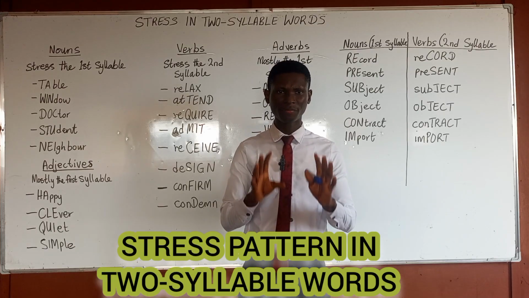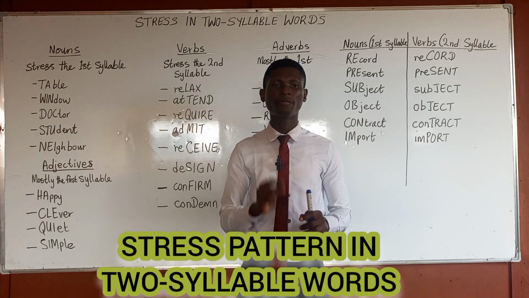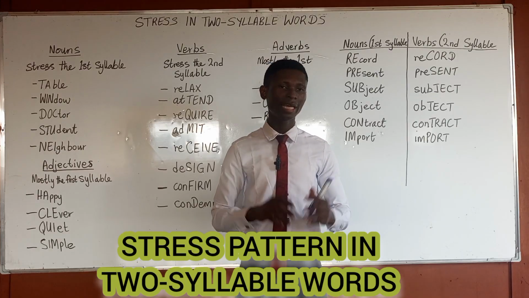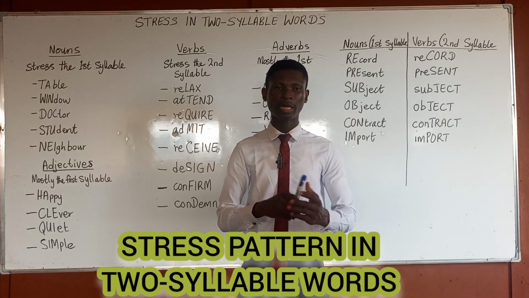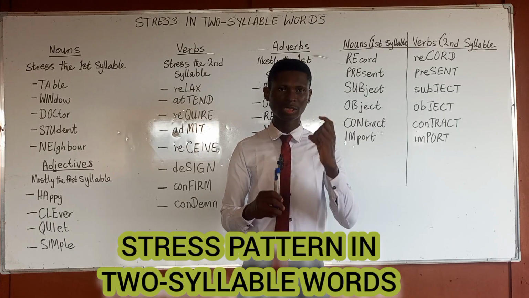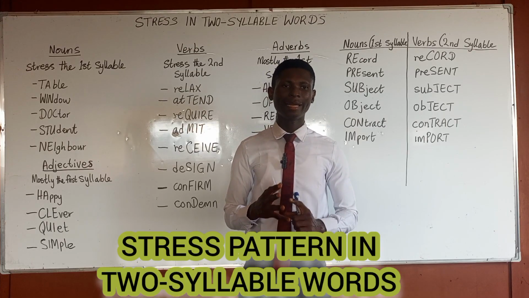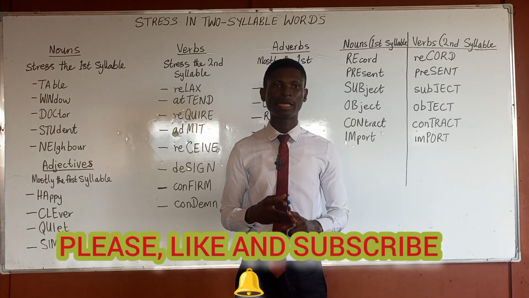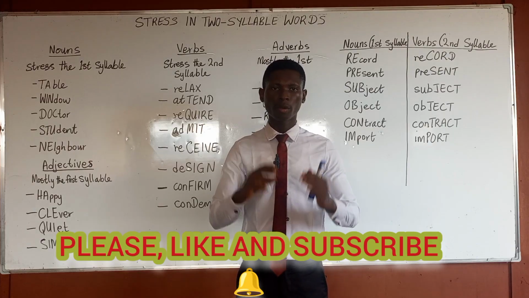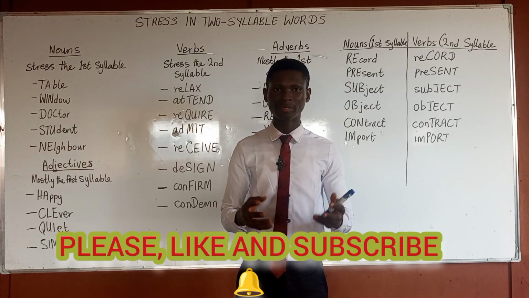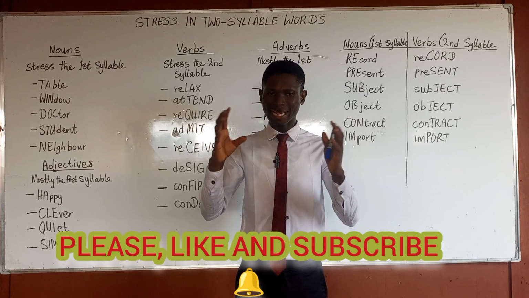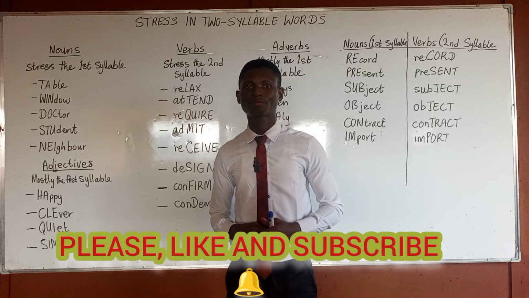So I want to specifically look into the four content words we have in English language. That is four parts of speech, which are nouns, verbs, adjectives, and adverbs. So let's look at the stress pattern for two-syllabic words in these word classes.